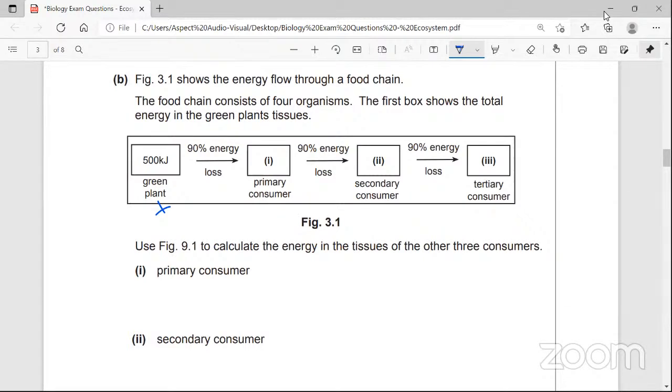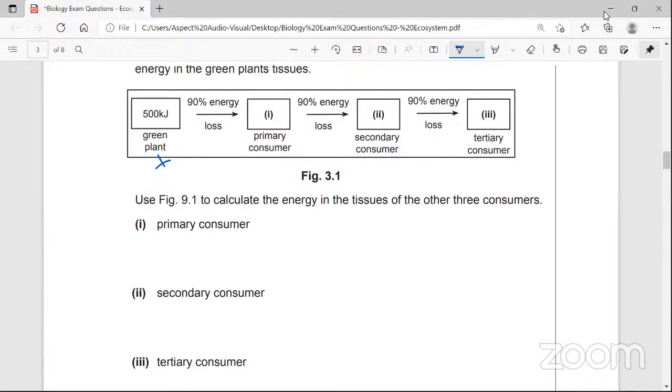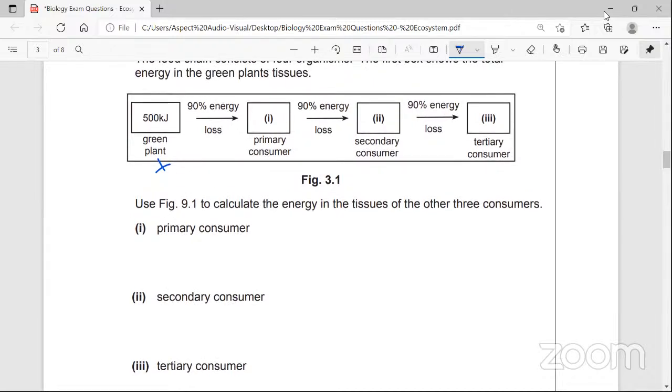Does that make sense? Now it asks you to use Figure 3.1 to calculate the energy in the tissues of the other 3 consumers. Number 1, primary consumer. How do you work it out?